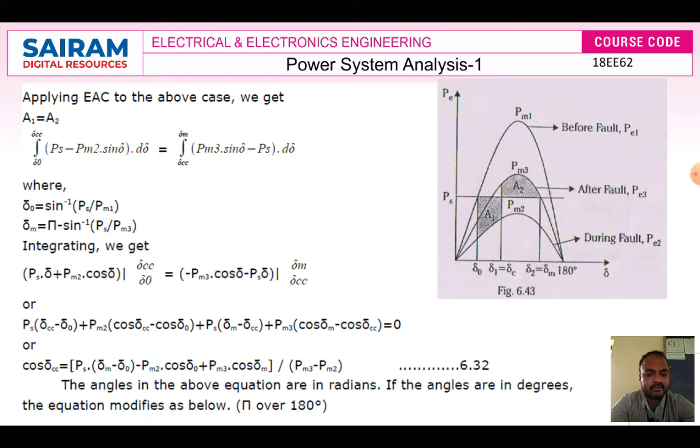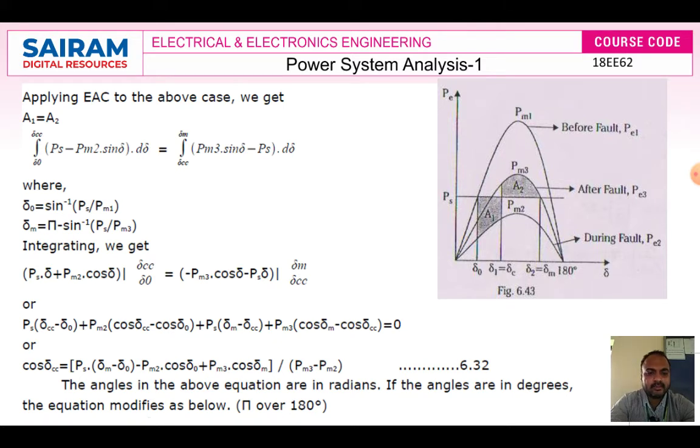If the angles are in degrees, the equation is modified as below, with 180 degrees in place of pi, so the angle varies from 0 to 180 degrees. Delta 1 equal to delta C is the critical clearing angle, and delta 2 equal to delta M is the maximum critical angle.